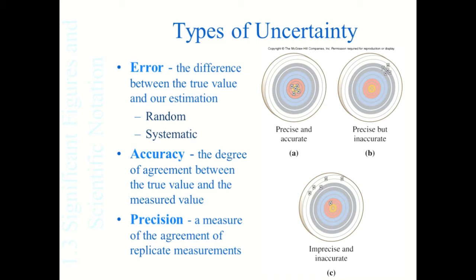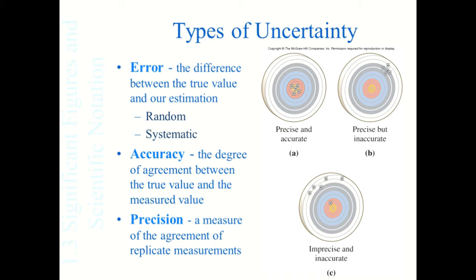That's right. Now precision. A measure of the agreement of repeated measurements. How closely do the measurements agree? If I repeat the measurements, how close are they to one another? Is there a lot of precision in this target? No. It's all over the place.